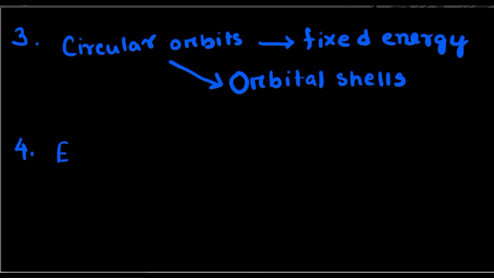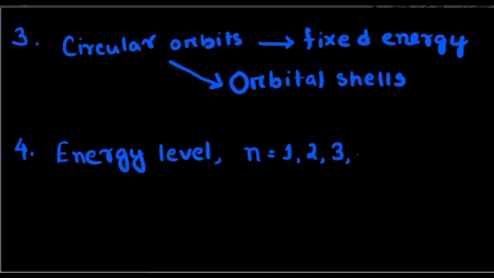So the energy levels are denoted by n equals 1 or 2 or 3 or so. So these are called quantum numbers. The range of quantum number may vary and begin from the lowest energy level to the highest energy level.